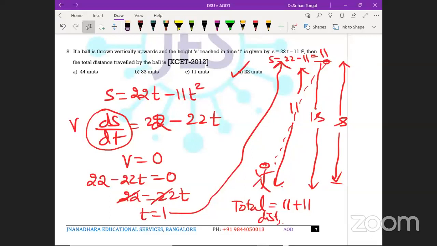What is the value of v? That is ds by dt. Replace it by 22 minus 22t as equal to 0. 22 is equal to 22t. After simplification, you will get 1. Just 1 second ಅಲ್ಲಿ ಅದು ಮೇಲಕ್ಕೆ ರೀಚ್ ಆಗಿದೆ.